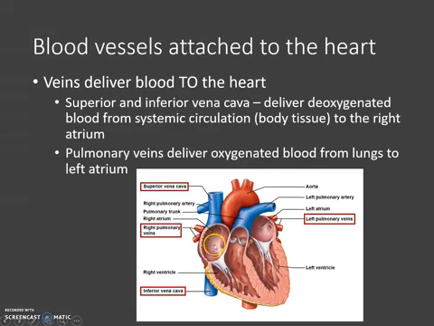The other veins attached to the heart are the pulmonary veins. And these are the veins that are coming from the lungs, because remember, pulmonary means lungs. And they're delivering blood to the left atrium. And this is one example where veins don't always carry deoxygenated blood.